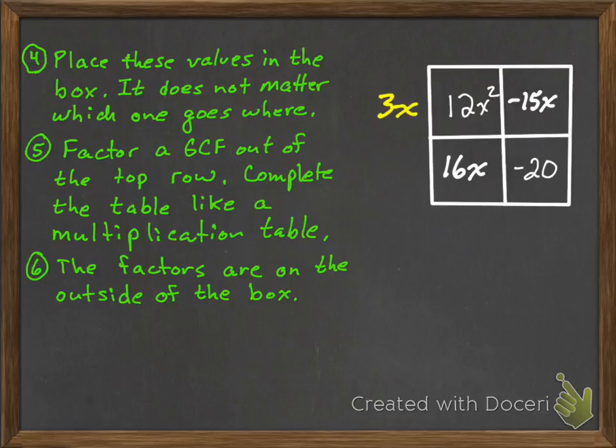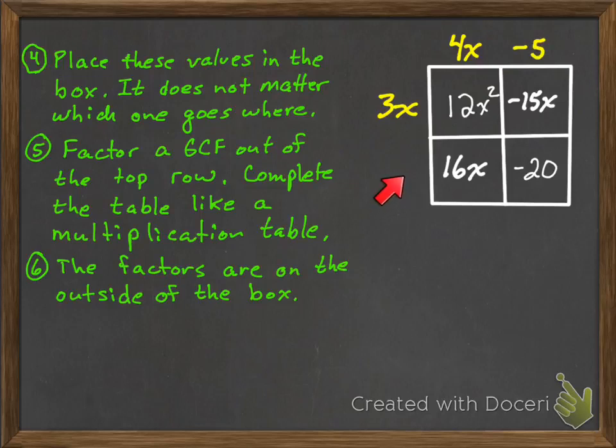At this point, this square just becomes a multiplication table. So we're trying to figure out 3x multiplied by what would give us this 12x squared. And that value would be a 4x. Now we figure out 3x multiplied by what will give us negative 15x. And that would be a negative 5.